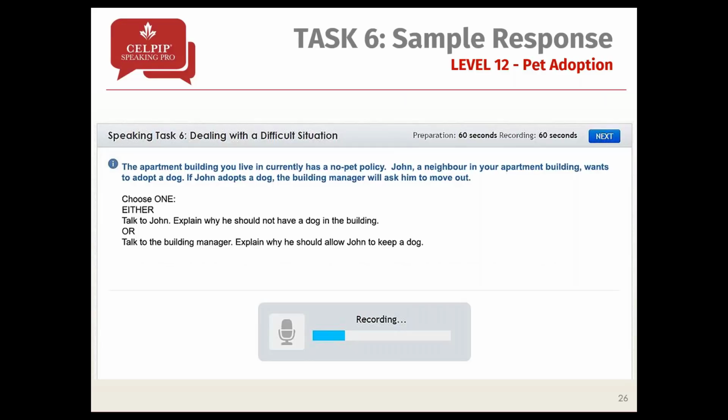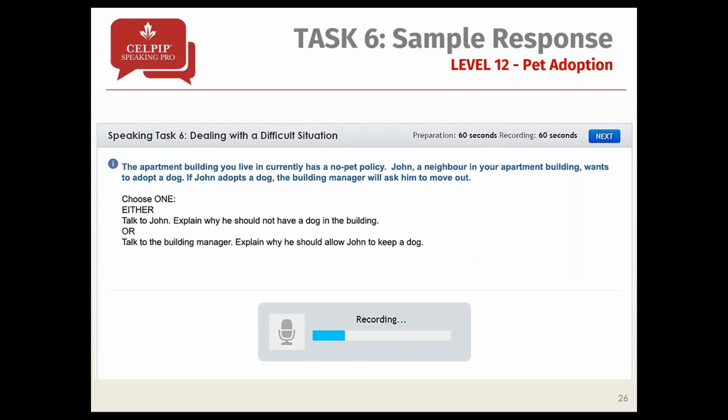Elena's saying, would I get a lower rating if I talked more about the building and convenience instead of having a dog and all the joys and disadvantages of having a dog? Well, that's an interesting question, Elena. The instructions tell you that you're either going to talk to John and explain why he shouldn't have a dog, or you're going to talk to the manager and explain why John should keep the dog.